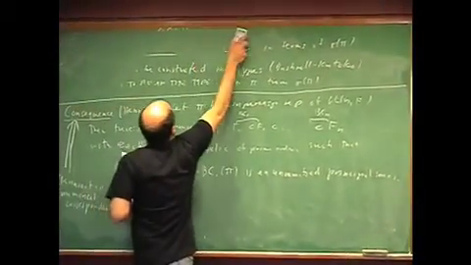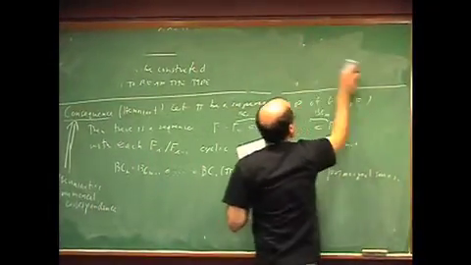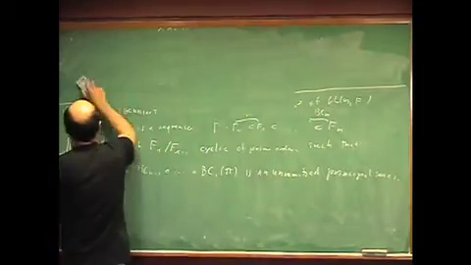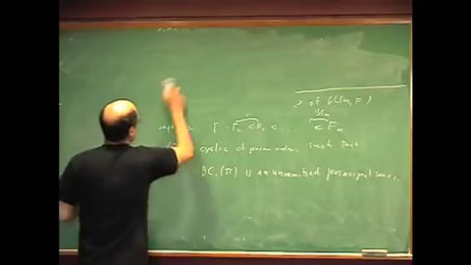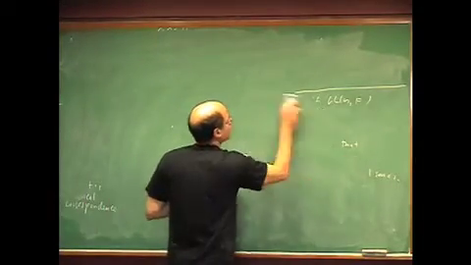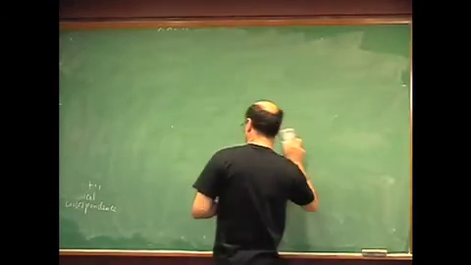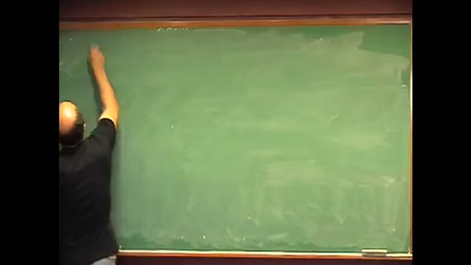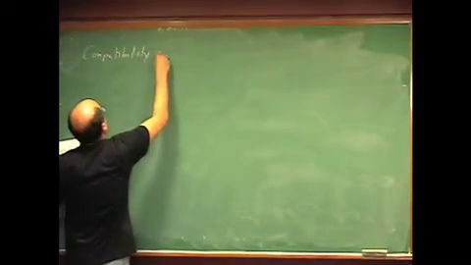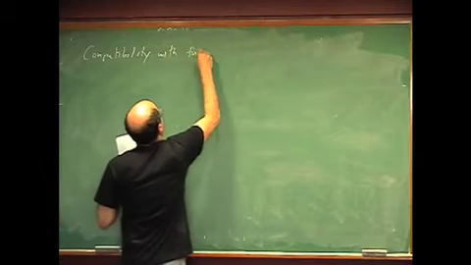So there may be time on Sunday to go into some of the elements of this last of what I mentioned up there. So I want to talk about compatibility with functoriality.